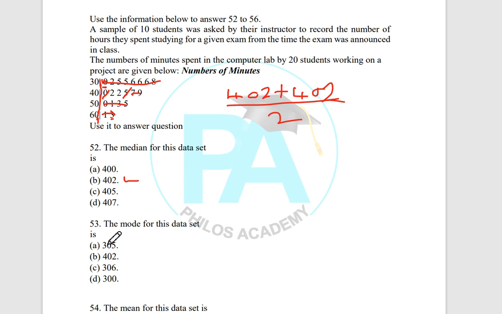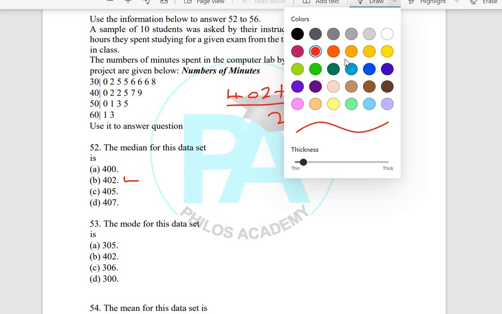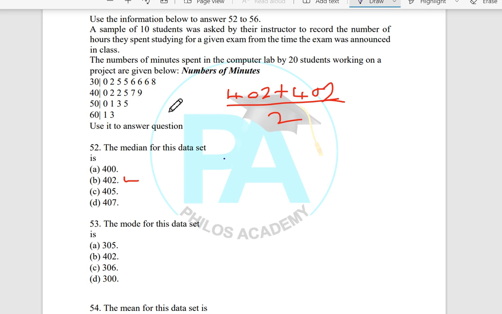Question 53 says the mode of the data set is. Now to get the mode, the mode means the most occurring number.